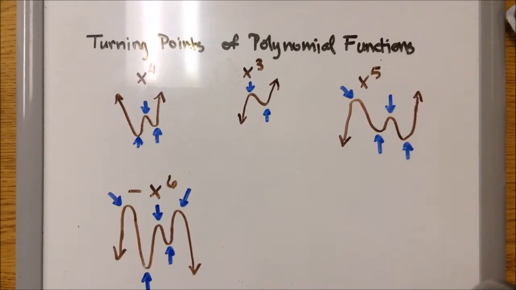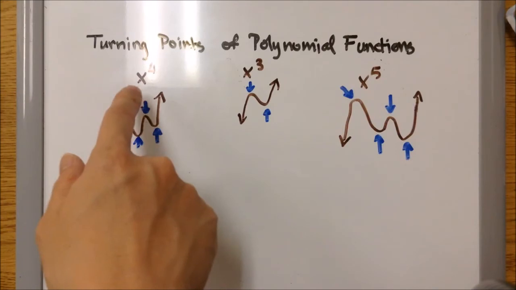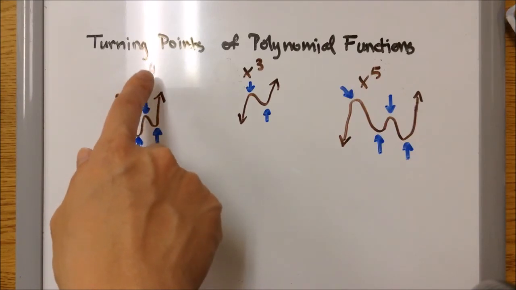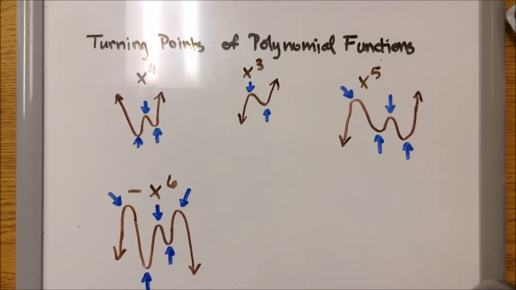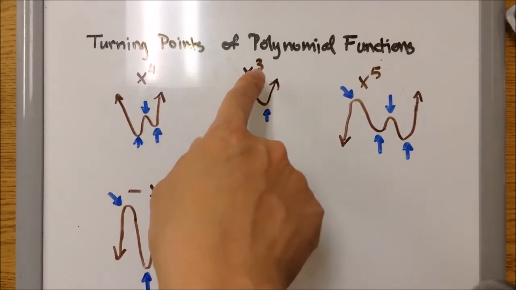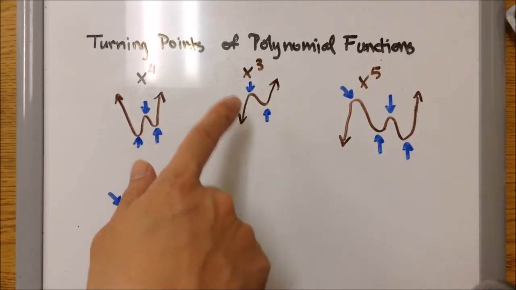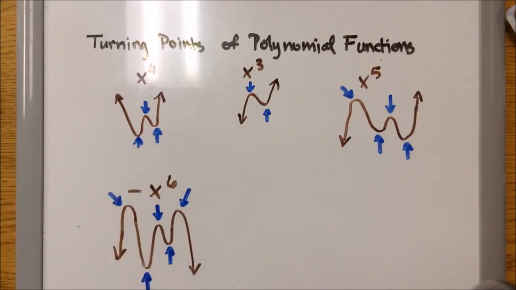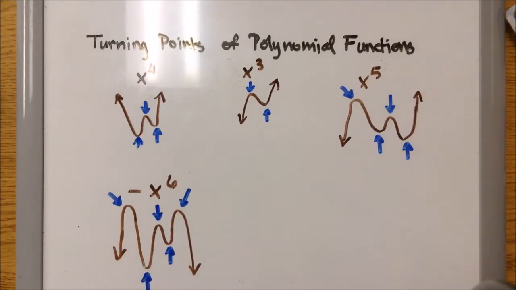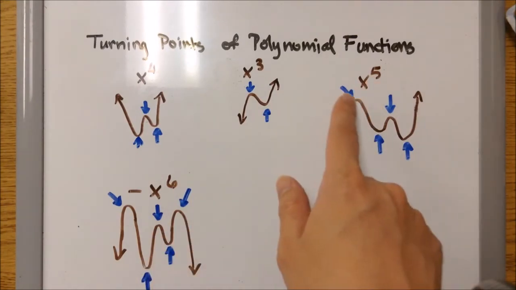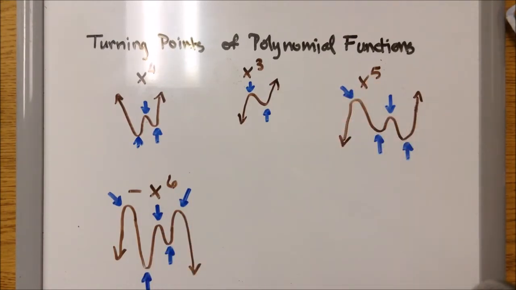So I mentioned before that there's a pattern. Let's take a look. For x to the fourth exponent, there's 3 turning points. For x to the third exponent, there's 2 turning points. And then x to the fifth exponent, there's 4 turning points.